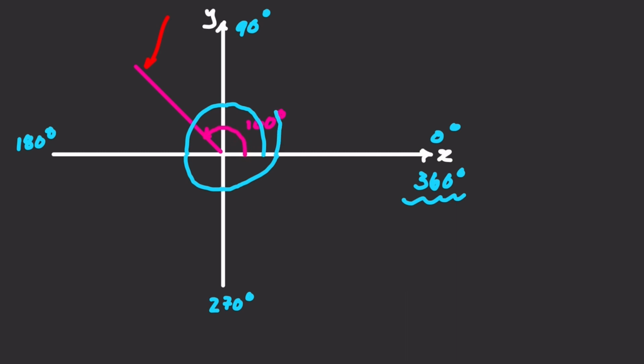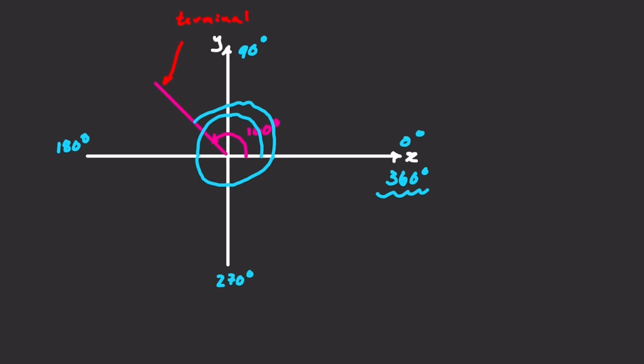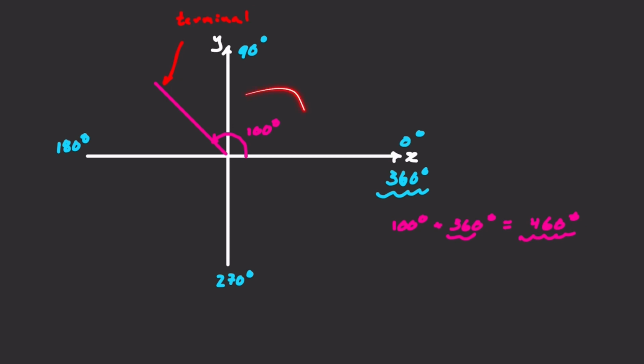So when we go from here back to our terminal arm, we have an additional 100 degrees to add. So we did 90, 180, 270, 360, and we have to add another 100 degrees, and we will find a coterminal angle for 100 degrees. In this case, we had 100 degrees and we added 360 degrees to it, and we got 460 degrees. And this is our coterminal angle for 100 degrees.